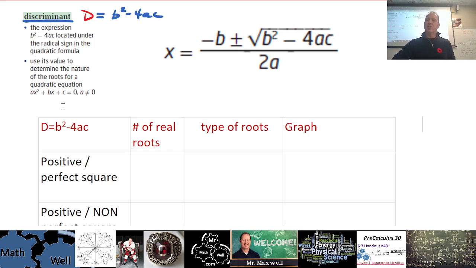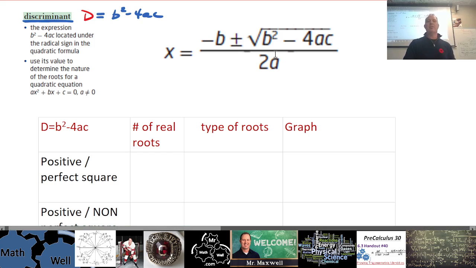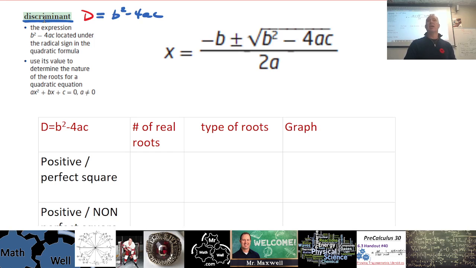Now, the nature of the roots, what the graphs look like, and how many roots there are can be dictated by something called the discriminant. If you think about the root of discriminant, like discriminate, it means to accept some, reject others, or to really determine what is true about this.